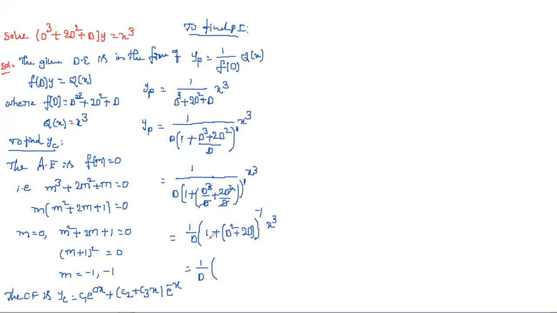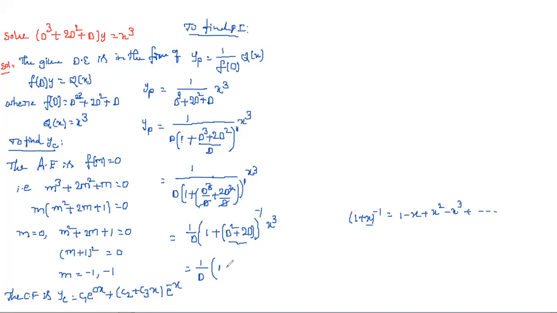If you observe, this is in the form of 1 plus x, you can treat this as x or b. So (1 plus x) whole power minus 1 is nothing but, as per the formula, 1 minus x plus x square minus x cube plus and so on. Here in place of x we have d square plus 2d.